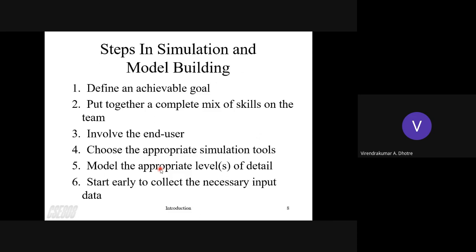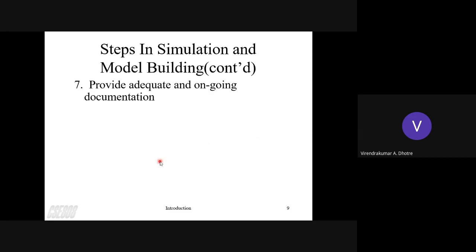Define an achievable goal, put together a complete mixture of skills on the team, involve the end user, choose appropriate simulation tools, model the appropriate levels of detail, start early to collect necessary input data, provide adequate and ongoing documentation, develop a plan for adequate model verification.